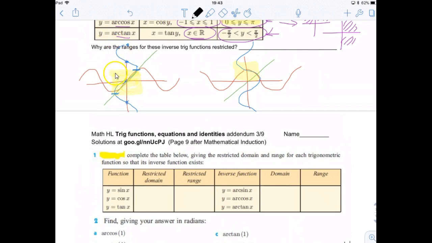So we need to cut off certain parts of the original trig function before we reflect it, so that it'll still pass the vertical line test.